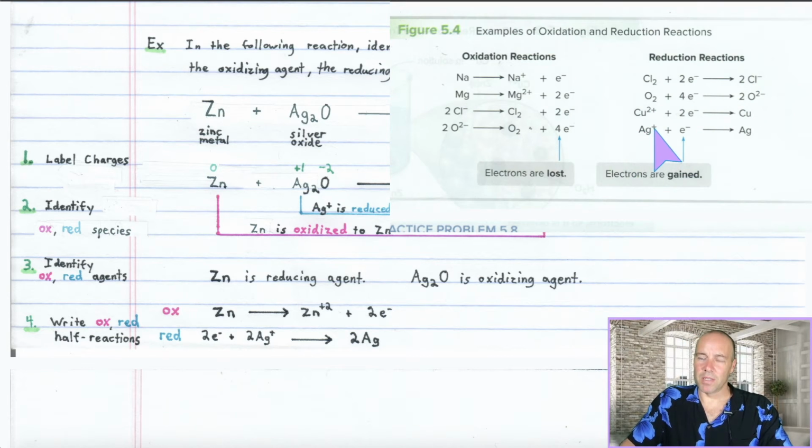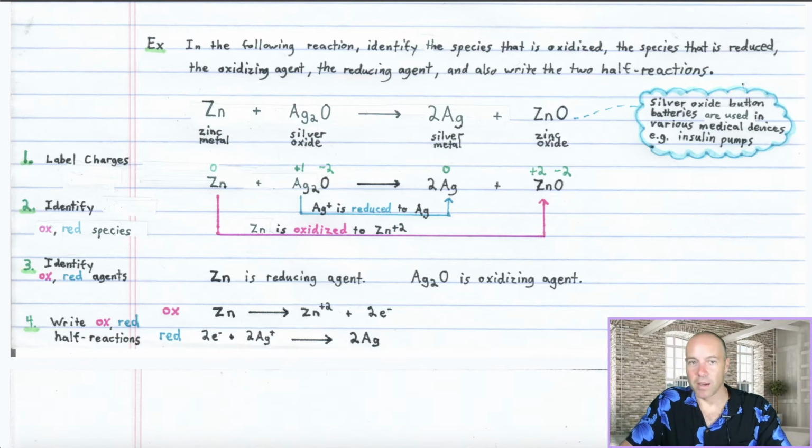Another example is silver cation grabbing an electron, and that makes it form the neutral atom. Now, this reduction half reaction we'll see in our next example on the notes. So let's go back to the notes now.